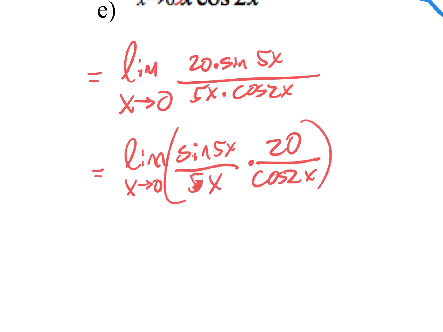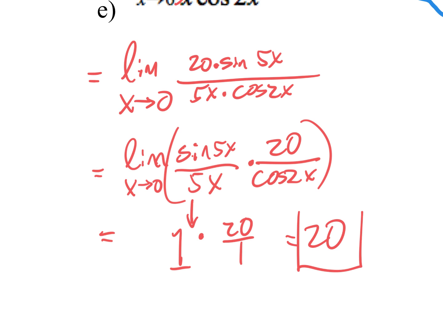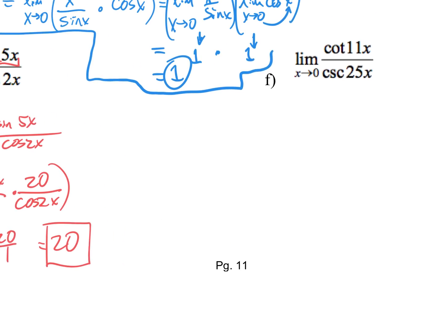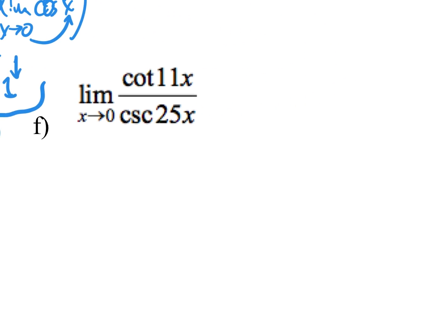We know that this, as we proved up above, goes to 1. And this, well, when you plug in 0, it's the cosine of 2 times 0. 2 times 0 is 0. Cosine of 0 is 1. So this is 1 on the bottom. So this is 20 over 1, and that is just 20. That's how that works.